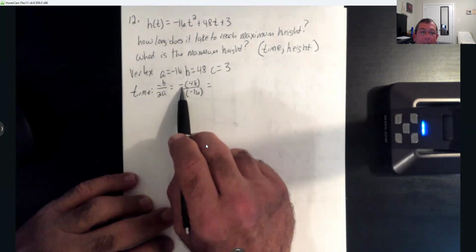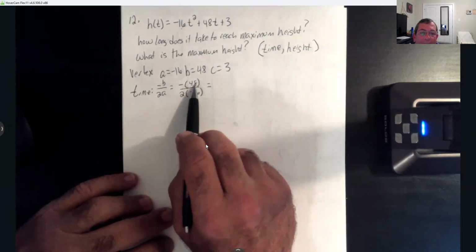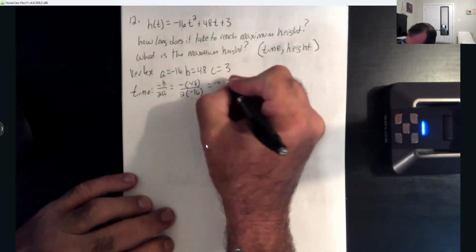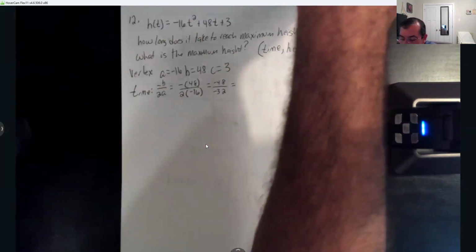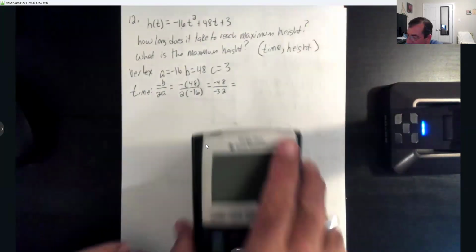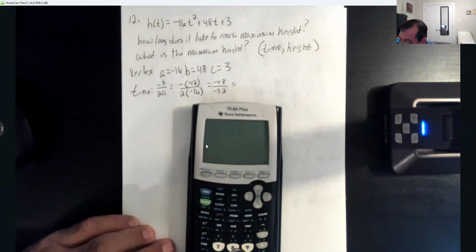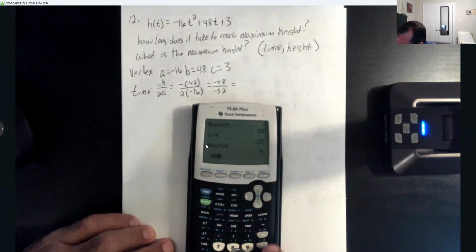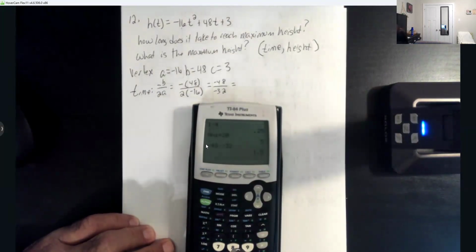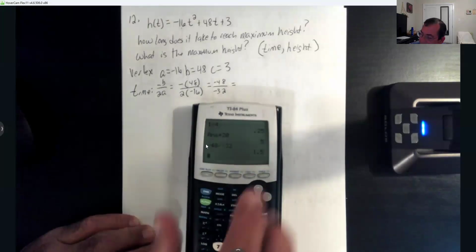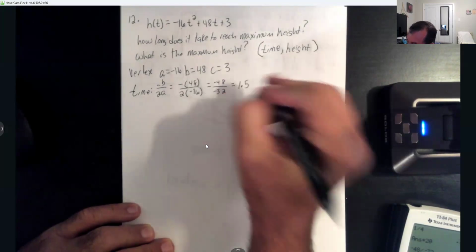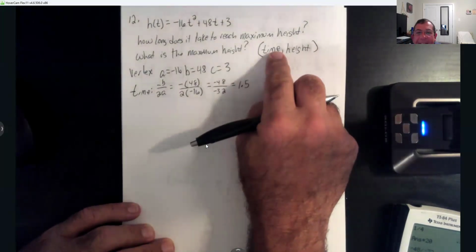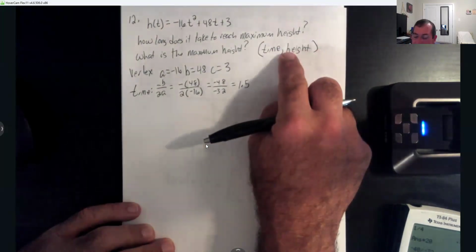I'm getting -48 over -32. Let me punch that on this calculator real quick. -48 divided by -32 gives me 1.5. So it took my rocket 1.5 seconds to reach the maximum height.